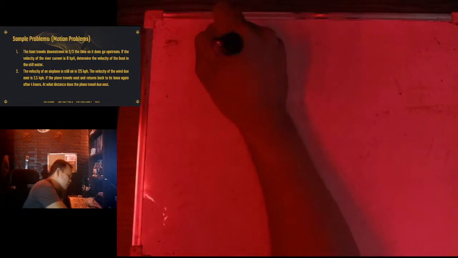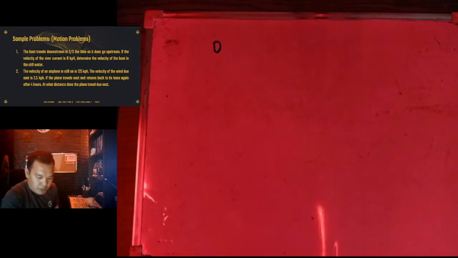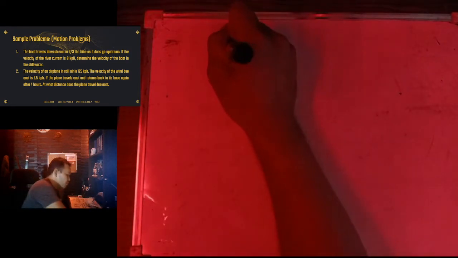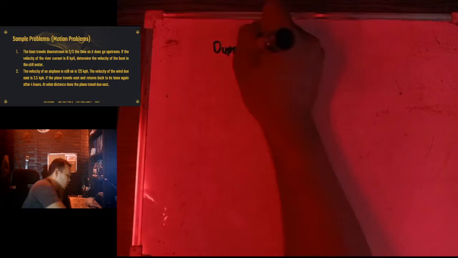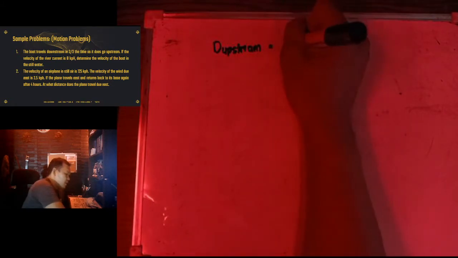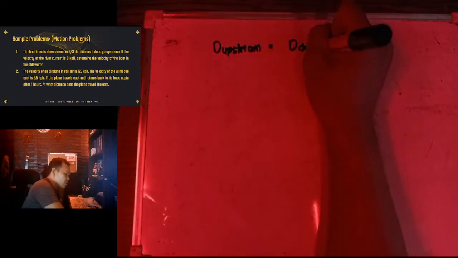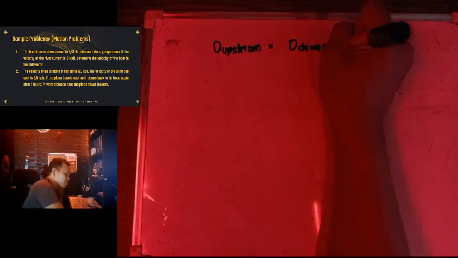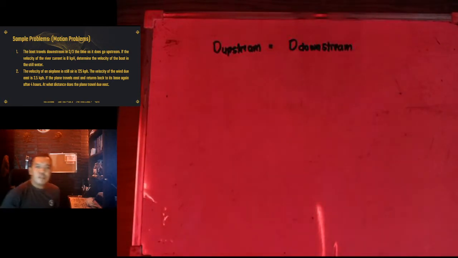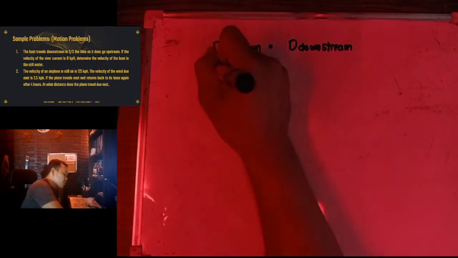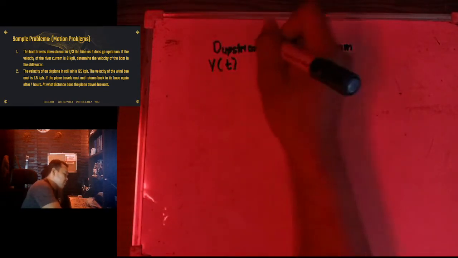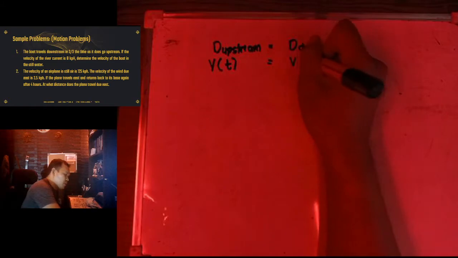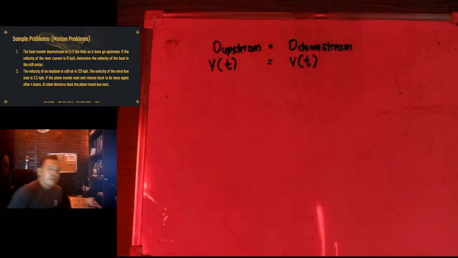So, sabihin ko distance upstream is equivalent kay distance downstream. Okay? Then, we all know that the distance formula is velocity times time. Tama? So, we have here velocity times time is equivalent kay velocity times time din. Okay?